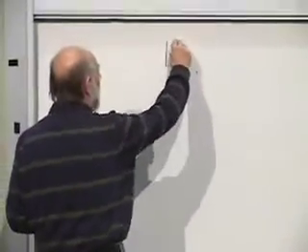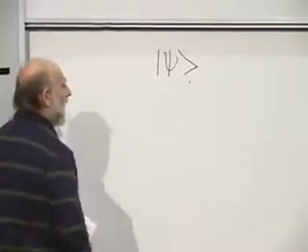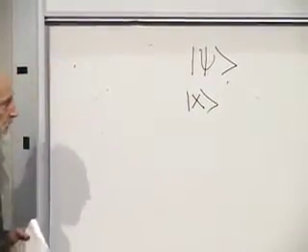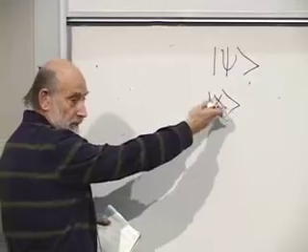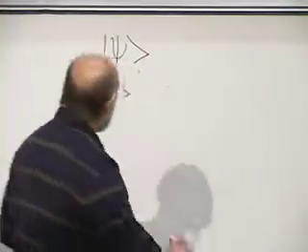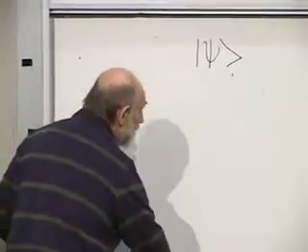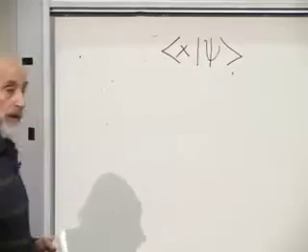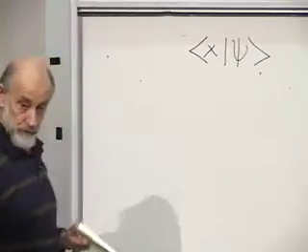Definition. If psi is a state of a particle on a line, and |x> is an eigenvector of position with eigenvalue given by the label here, then the wave function is by definition the inner product of the state vector with the eigenvector of position.